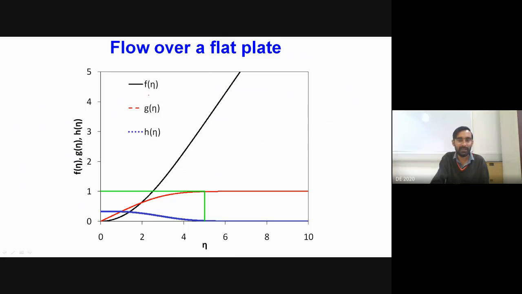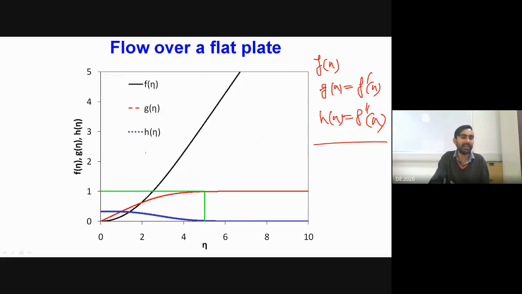Once again I have employed the numerical solution. So g of eta I have considered as f dash eta, and h of eta I have considered as f double dash eta. If I numerically solve it and plot f of eta, g of eta, h of eta as a function of eta, we will find that f dash eta becomes equal to 1.